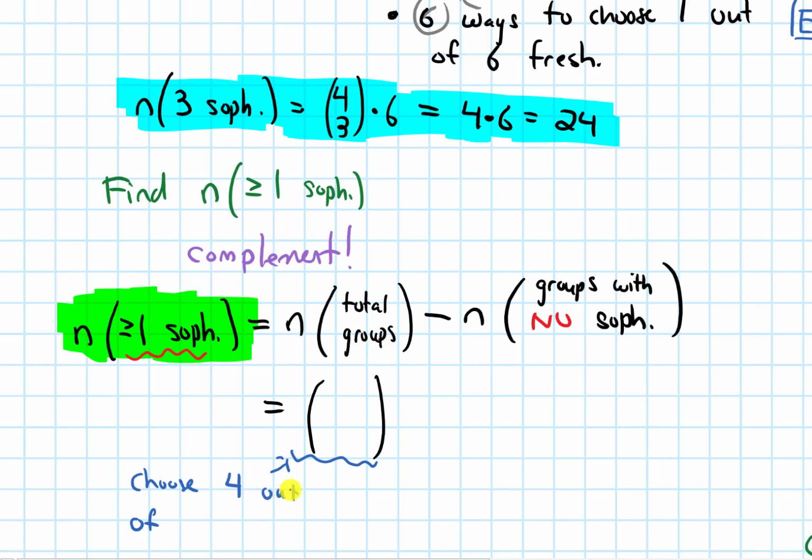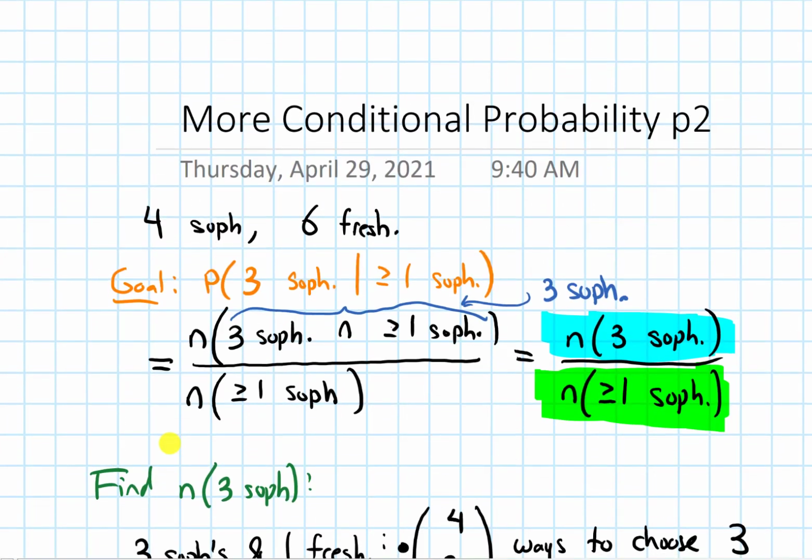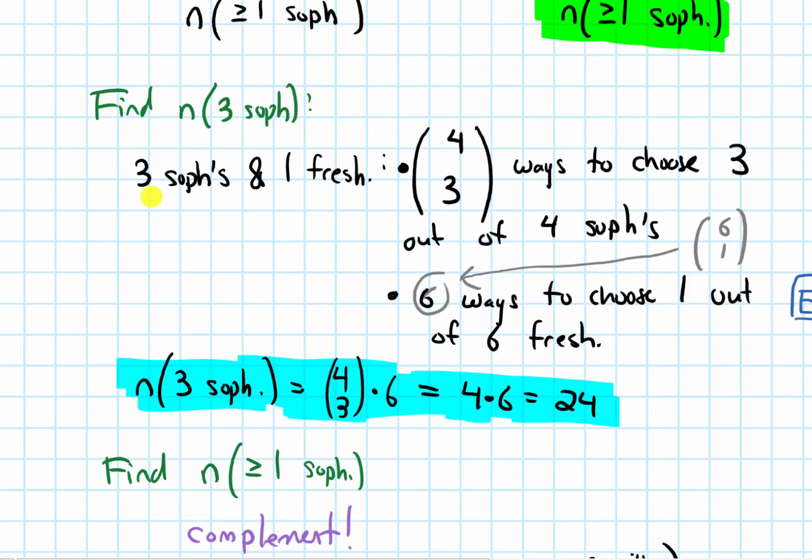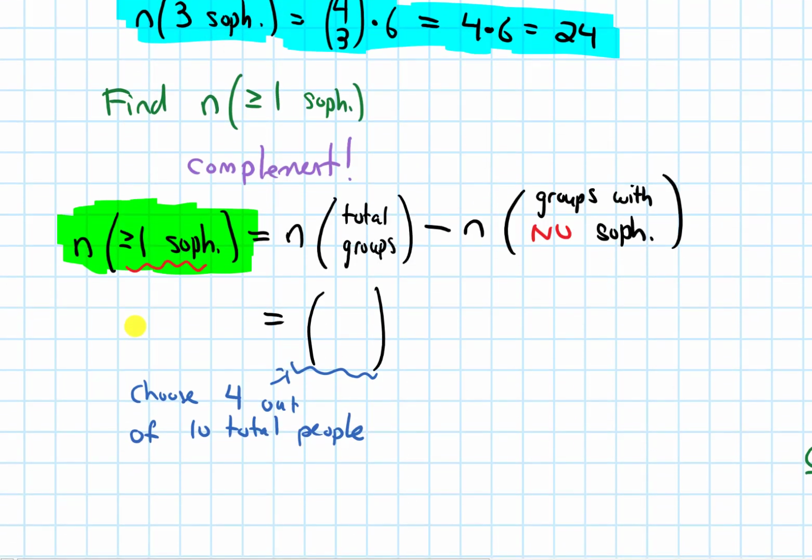There are 10 total people, remember. How many were there of each? Well, there were 4 sophomores and 6 freshmen, so 10 total people. So we are going to have 10 choose 4 here.